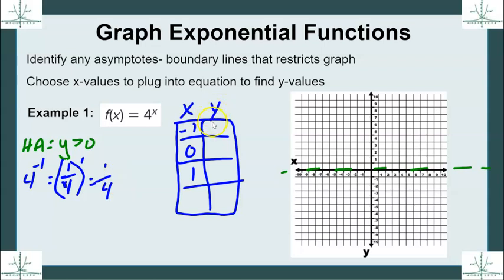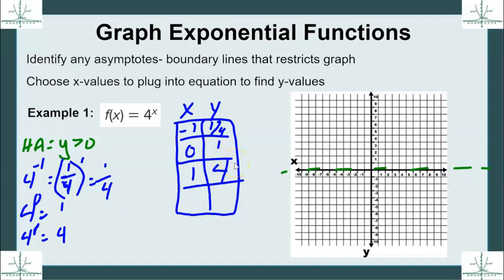So I would have -1, and then my y value would be 1/4. If I put 4 to the 0 power, any time I raise a base to a 0 power, it's always going to equal 1. So that would be 0, 1. And then 4 to the first power, anything to the power of 1 is itself, or its base. So this will give us 4.